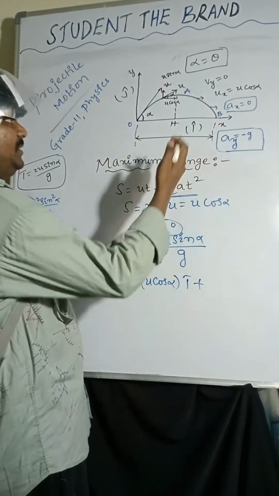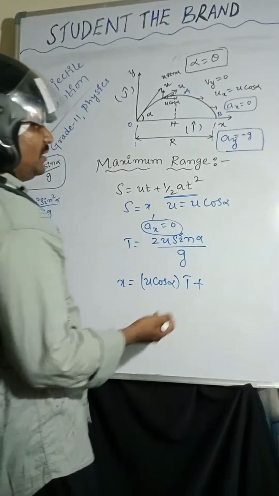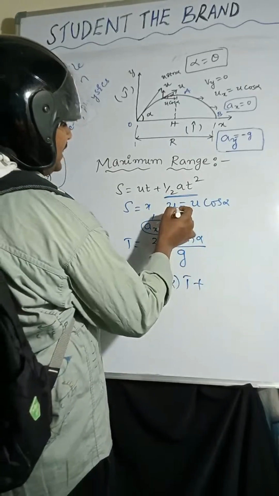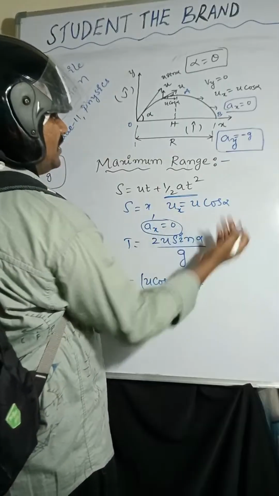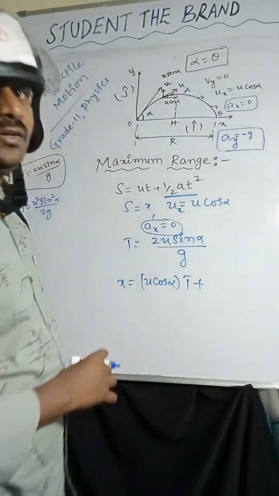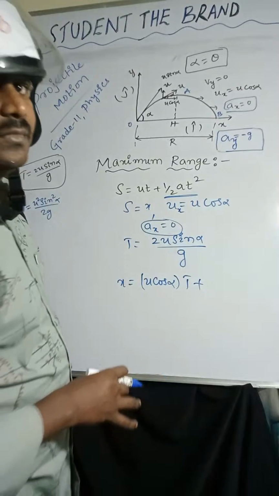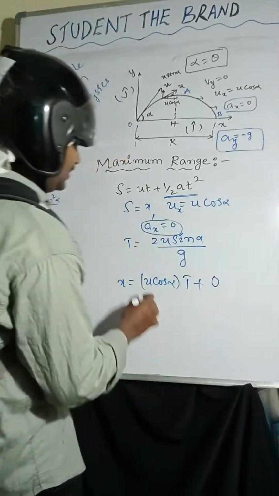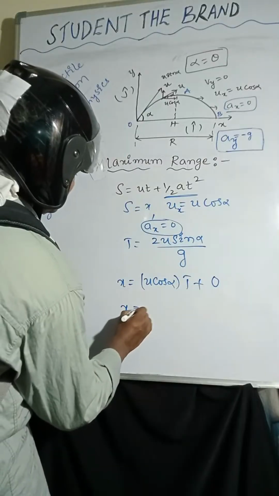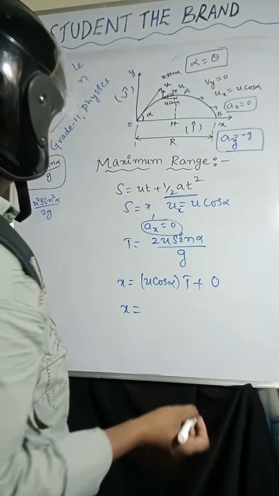Velocity is constant, ux equal to u cos alpha. So ax is 0. This term becomes 0. Then x equal to, that is the maximum range only, right?